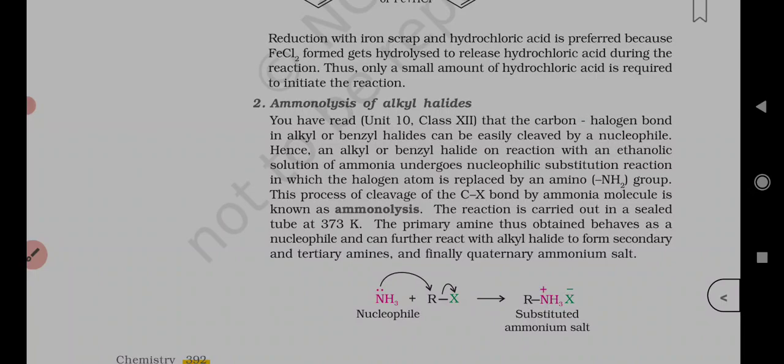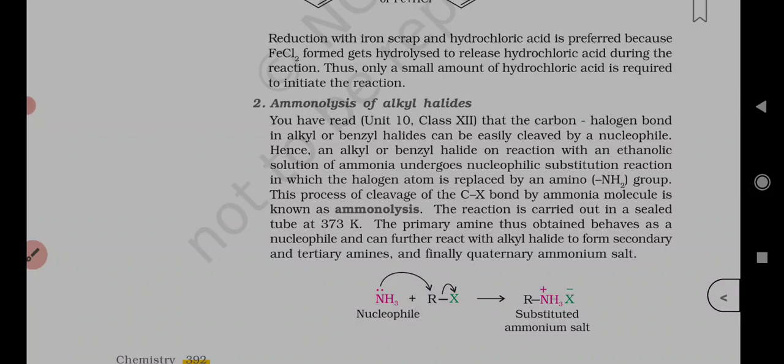Then with 2 moles of CH3Cl, we get C6H5CH2N(CH3)2, N,N-dimethyl phenyl methanamine.